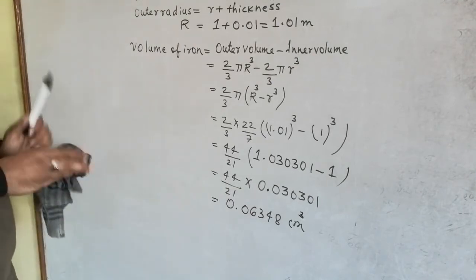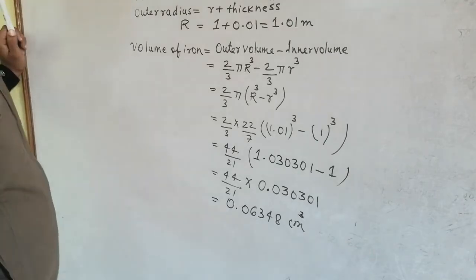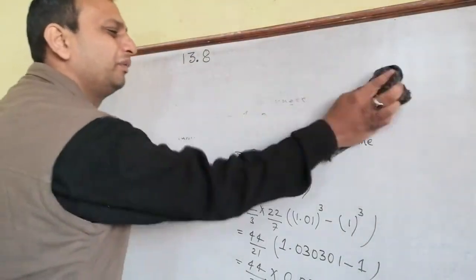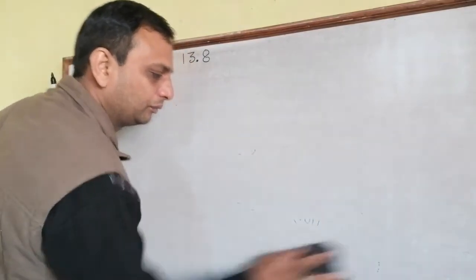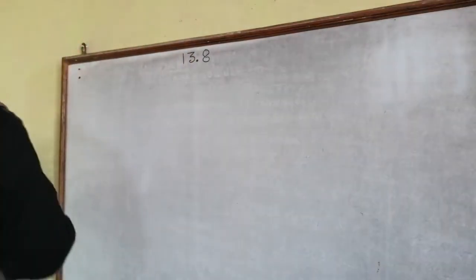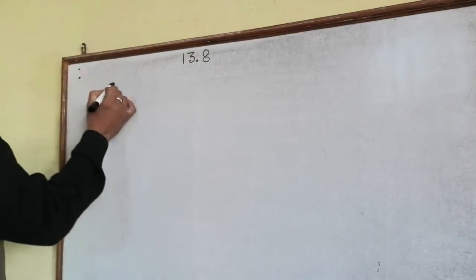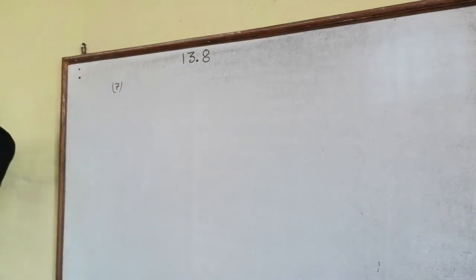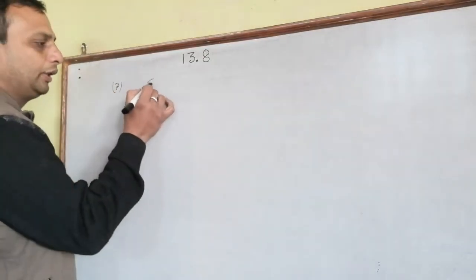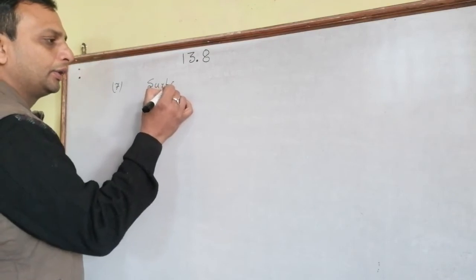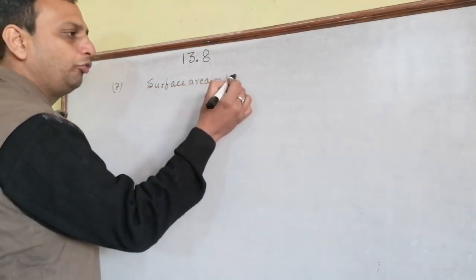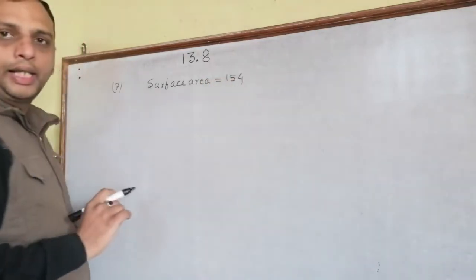Now after completing the 6th, we'll solve the 7th question. Now we have to find the volume of the sphere and the surface area is given. In this question we are given the surface area, 154.